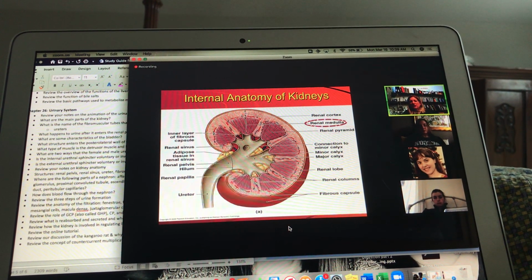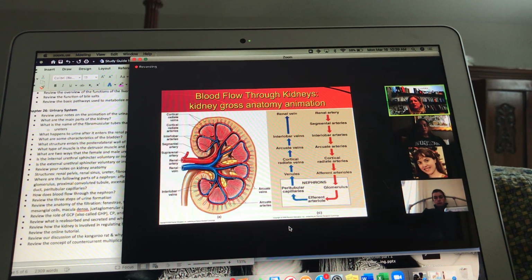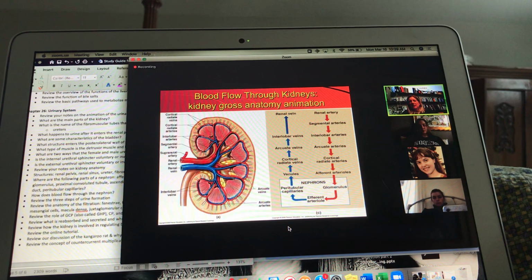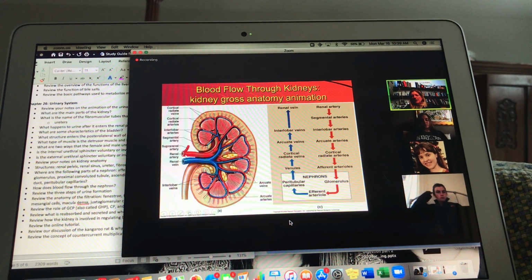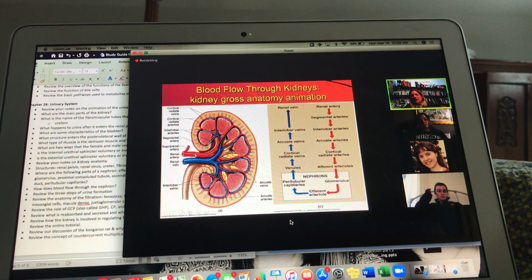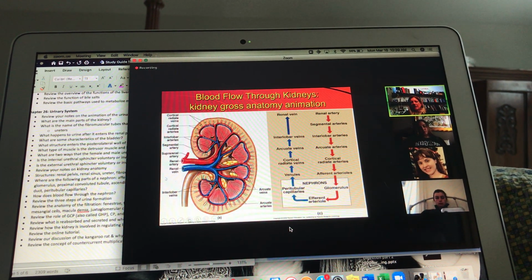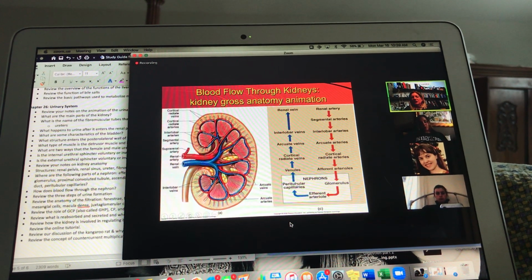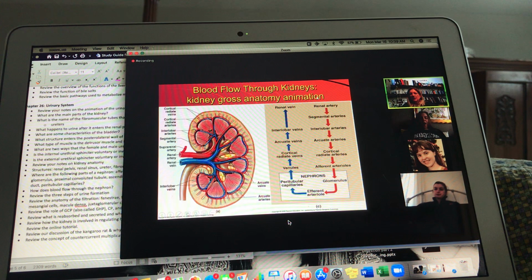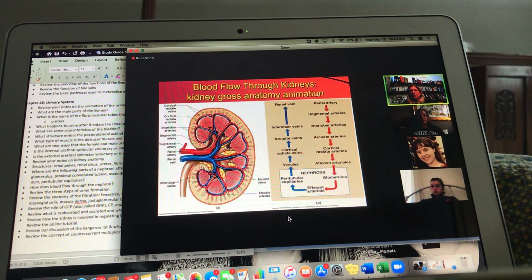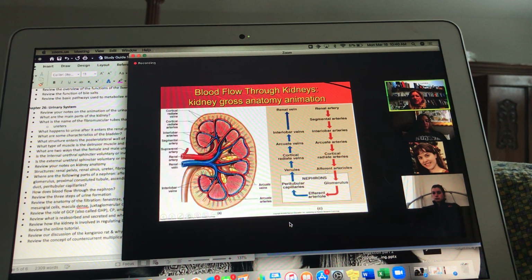The big picture stuff of what you need to understand is where blood flows. This is something worth making sure that you know in order, and you should understand that blood is flowing here, and then it goes, and then it comes back out. But what does that actually mean? On this diagram, you can see that it's pointing at the afferent arterioles going in.